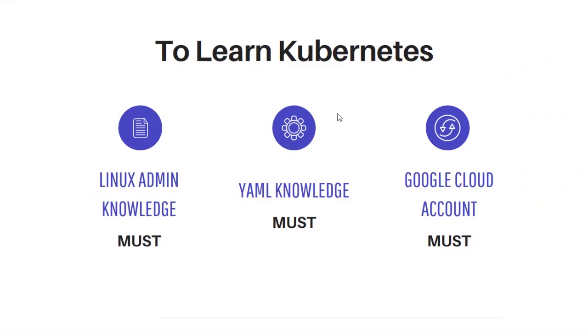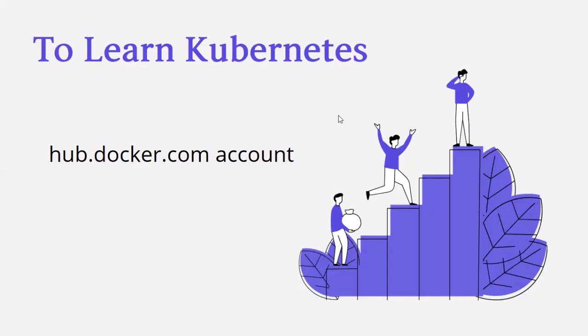Let's go one by one. And also you need a hub.docker.com account. As a recommendation, open a Notepad, and whatever accounts you are creating, mention the URL in that Notepad, and for each URL, the username and password.